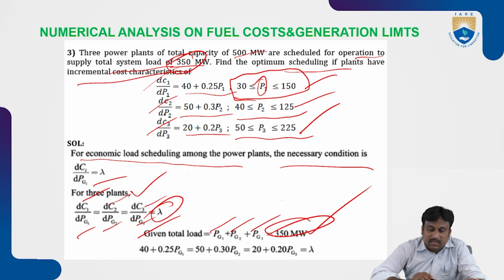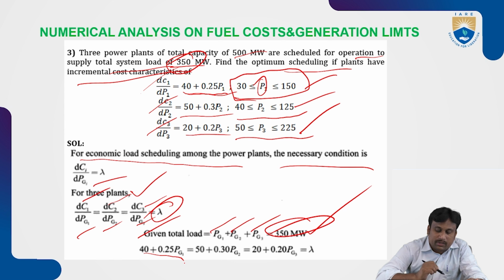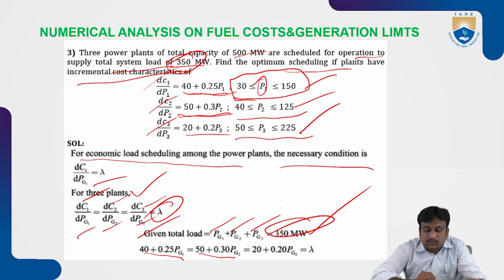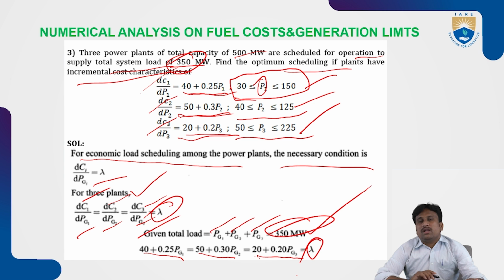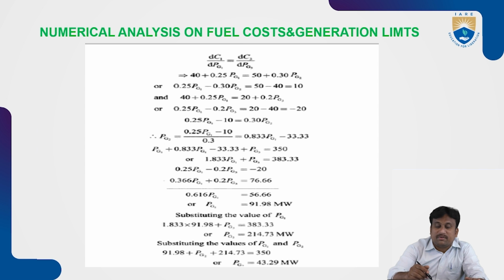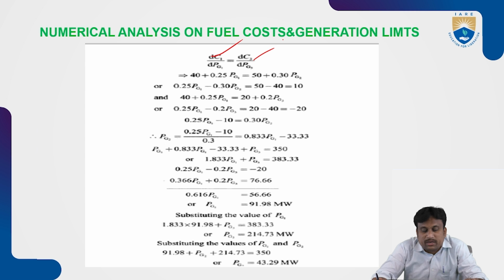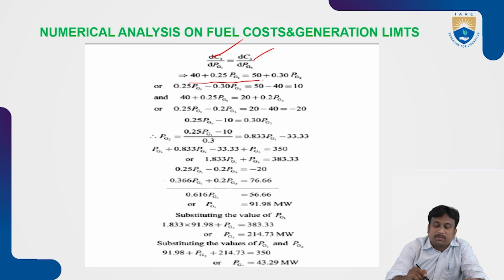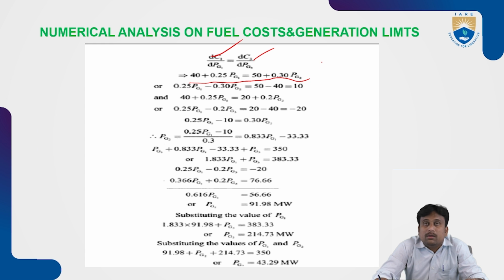Considering the first case, 40 plus 0.25 Pg1, the second, 50 plus 0.30 Pg2, and the third, 20 plus 0.2 Pg3, all are equivalent to lambda. So we should equate the first coefficient with the second: 40 plus 0.25 Pg1 equals 50 plus 0.30 Pg2.